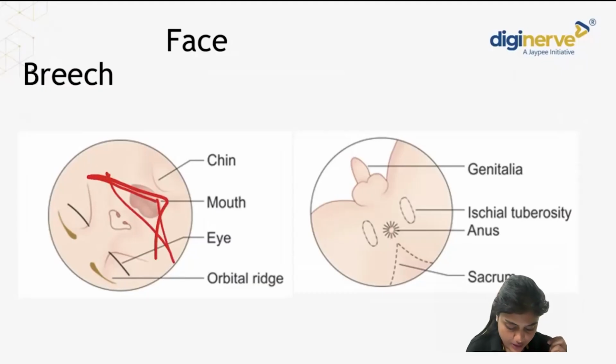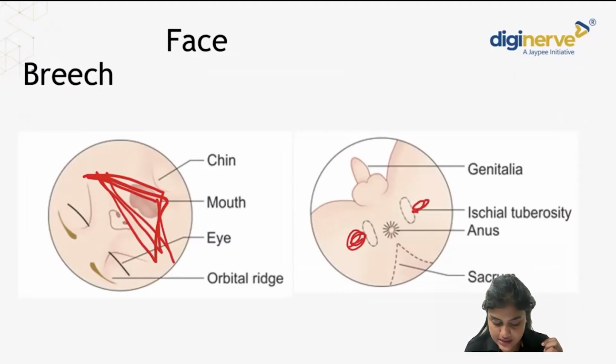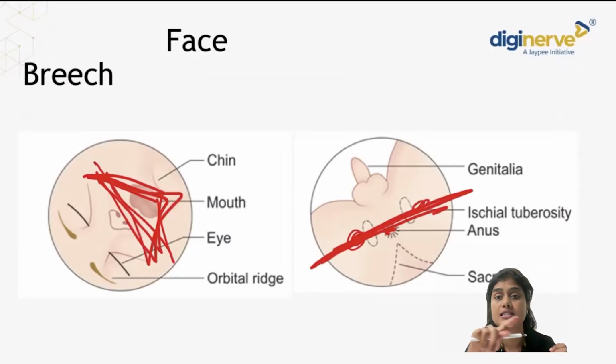Whereas in breech, the ischial tuberosities and the anus are in the same line, and in face it is triangular. That is how you differentiate on PV examination whether it is a breech presentation or a face presentation. They may ask you in the exam, that's why I'm telling you.